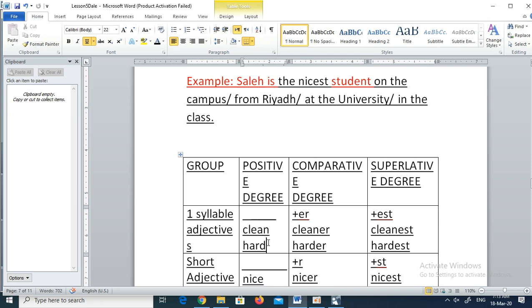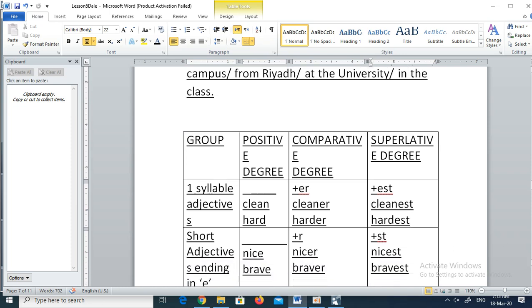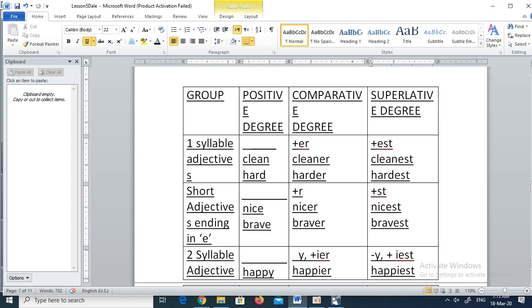If I start with the positive degree hard, it becomes harder in the comparative degree because I have added ER at the end. And in the superlative degree, it becomes hardest because I have added EST at the end. Now, that is the ordinary one-syllable adjective.